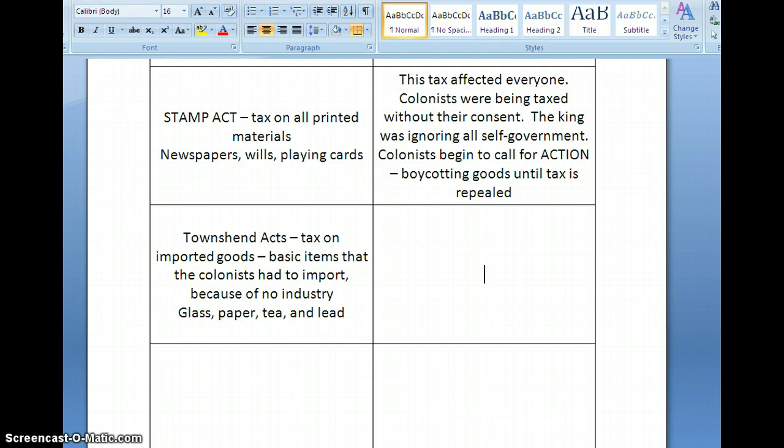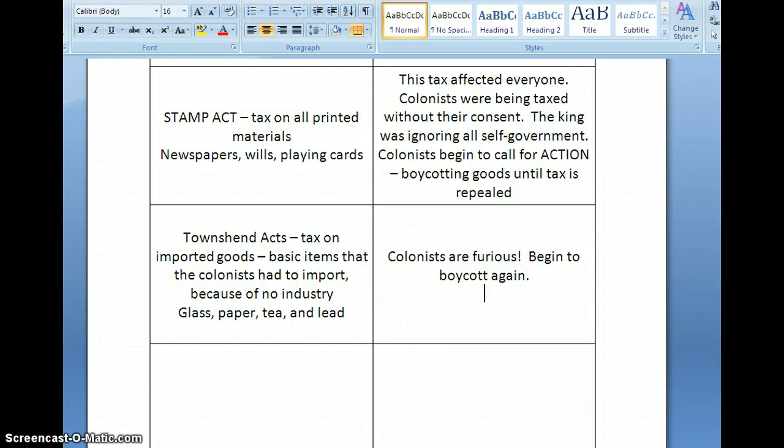Okay, so the Townshend Acts created a tax on imported goods, and these are the basic items that they all needed. Okay, the colonial reaction to this, the colonists are furious. They begin to boycott again. Actually, this was a couple years after the Stamp Act, so they boycott again.